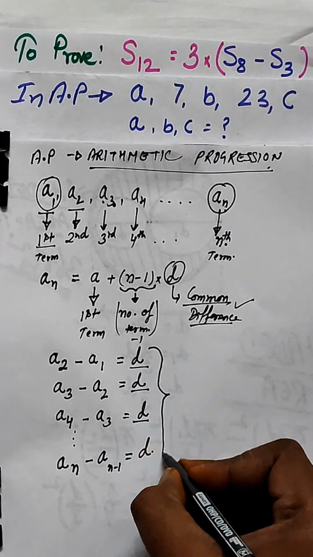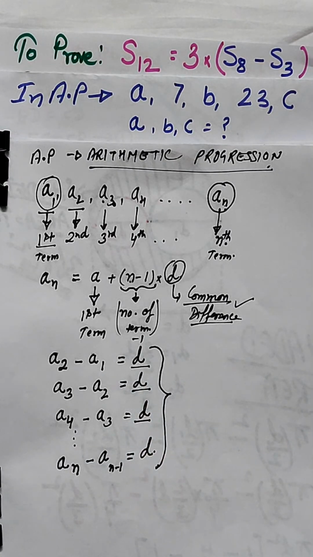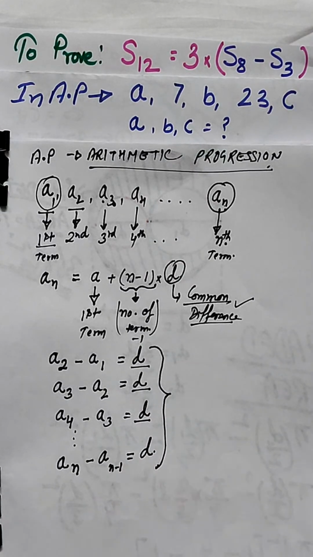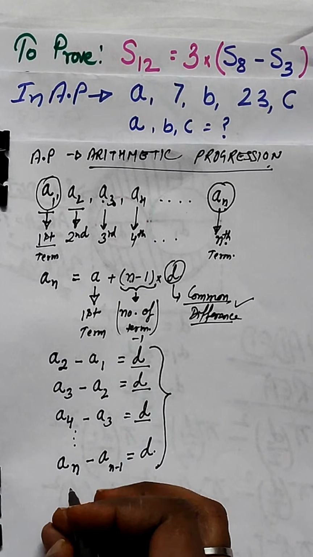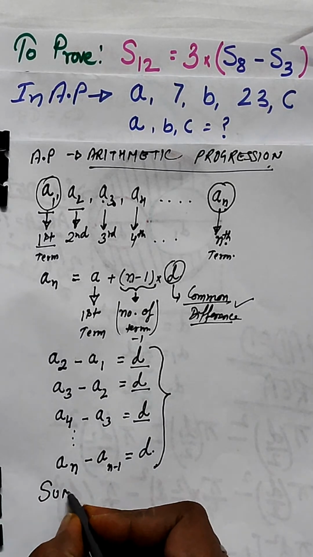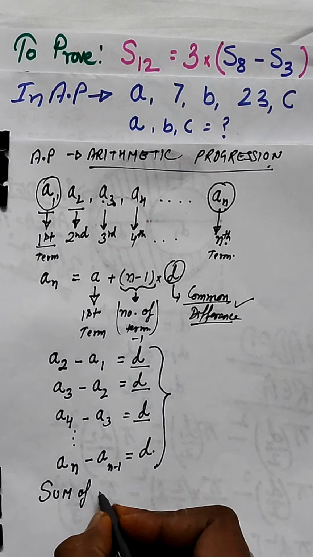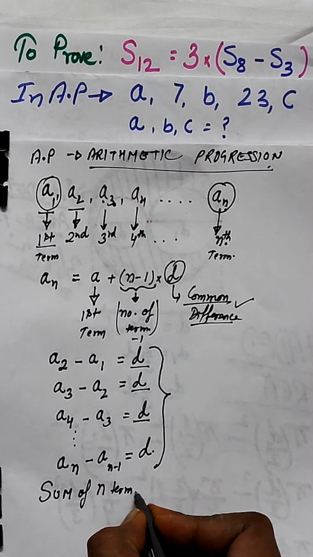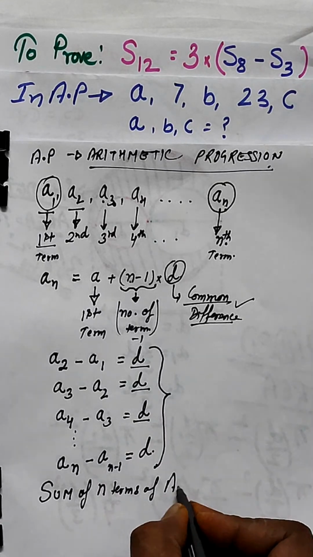So this is a pattern which is followed in any AP, right? Now, one more formula you need to understand and remember, the sum of n terms of AP.